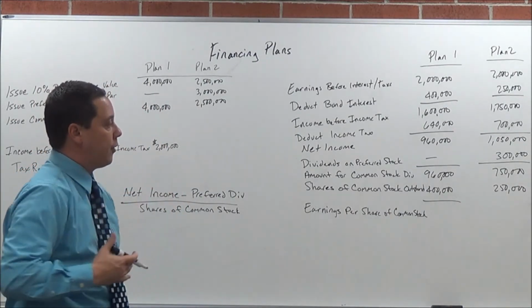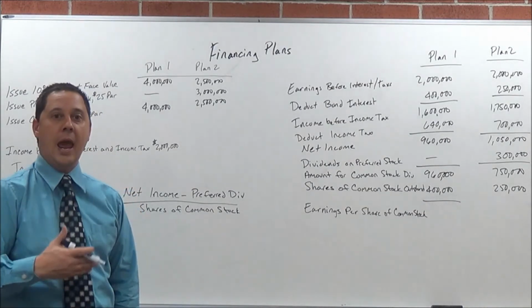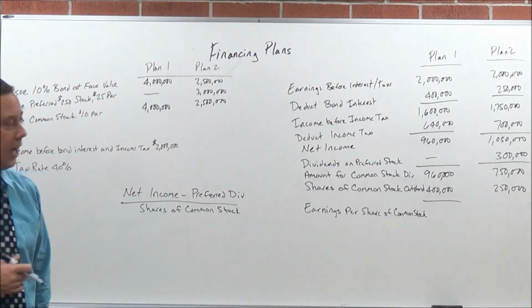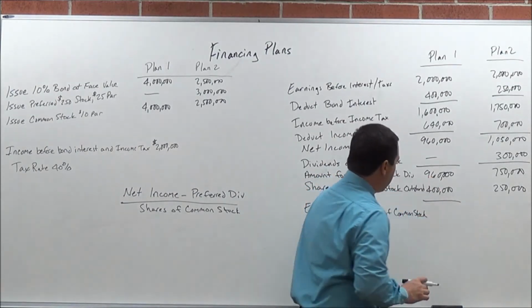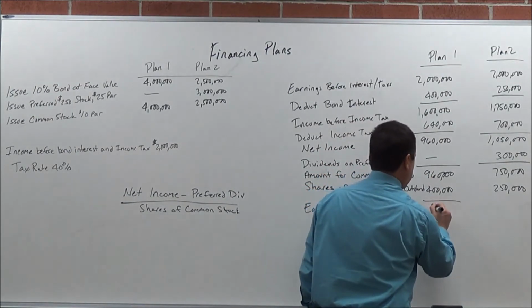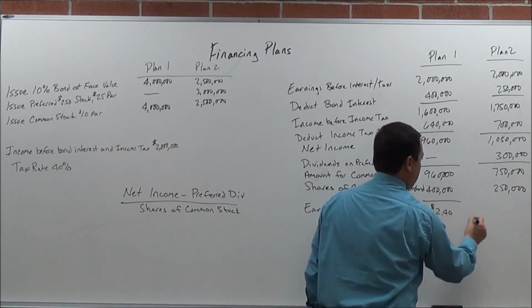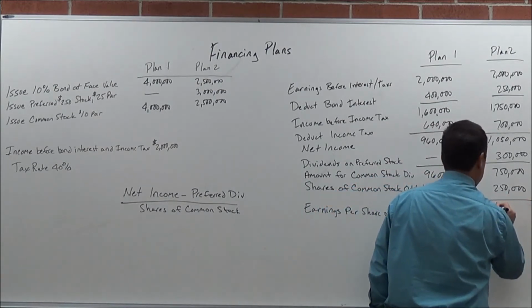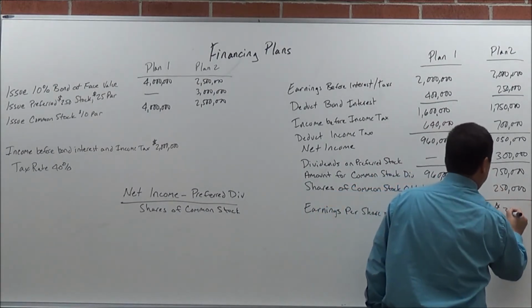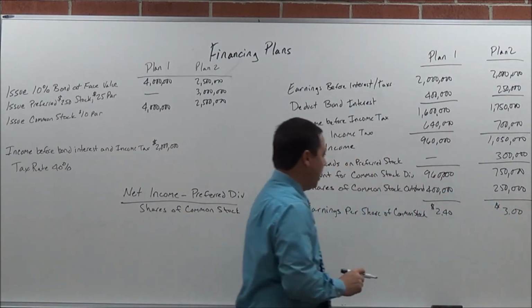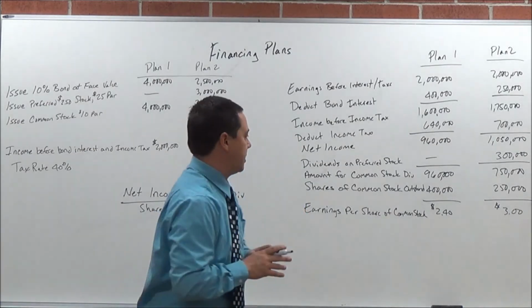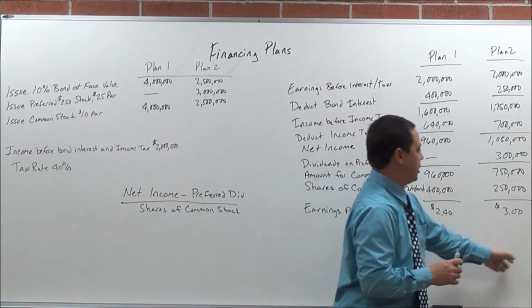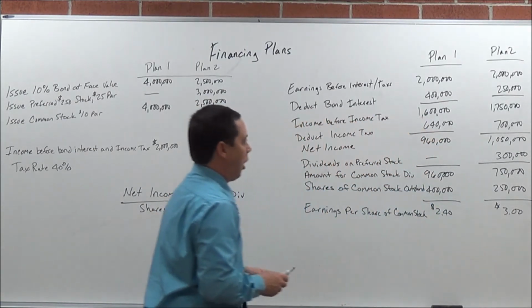We'll also do that for the 750,000 and divide that by 250,000. If I take this into that, it comes out to be $2.40. And this one looks like an even $3. So analyzing this, Plan 2 is better for our earnings per share.